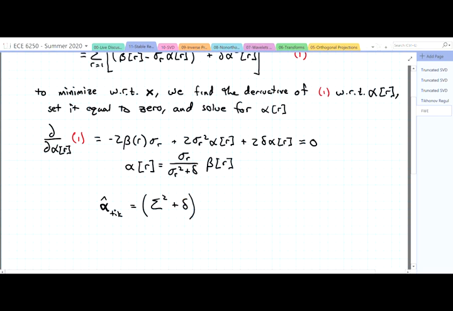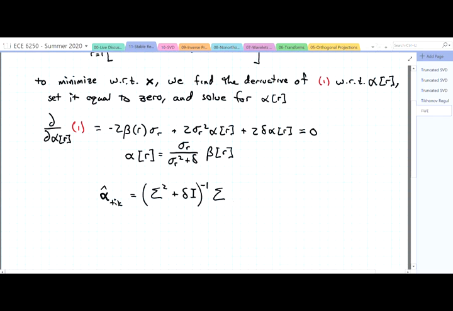So that's a diagonal matrix, so you need to put an I in there. This delta I, inverse. So now every element is 1 over sigma squared plus delta. Multiply that by sigma, and every element on the diagonal is now, as you see described above, sigma r over the quantity sigma r squared plus delta. And then that's times our vector B.